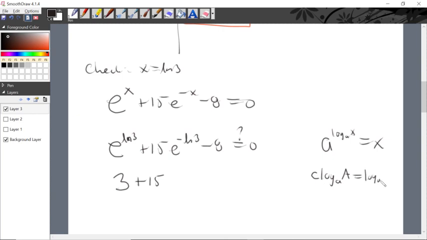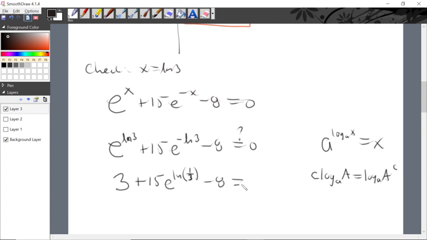So this is log base a of a to the c. So I can rewrite e to the negative natural log of 3 as e to the natural log of 3 to the negative 1. But 3 to the negative 1 is 1/3, so I can rewrite this as e to the natural log of 1/3.